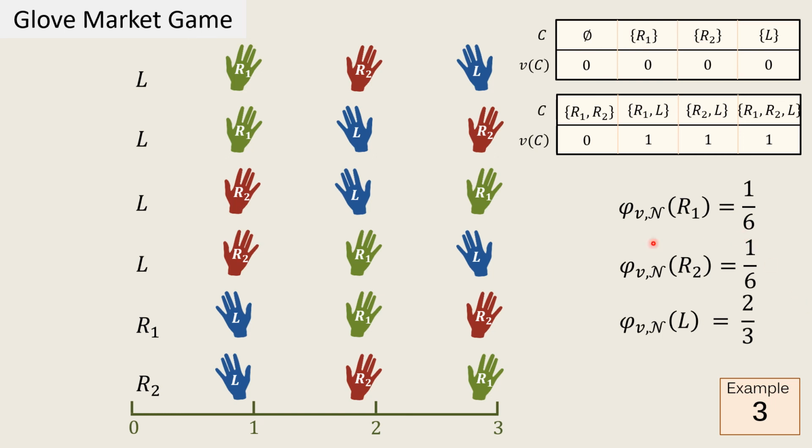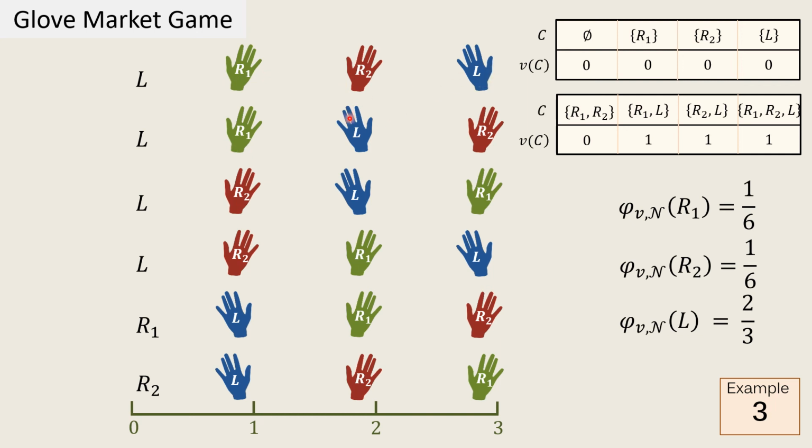Now, the Shapley value of R2 can be computed exactly in the same manner. It's only in this row where adding R2 to a coalition will give you a marginal contribution of 1. So we again get 1/6. Now, in all 4 cases here, the first 4 cases, we have at least 1 right glove.